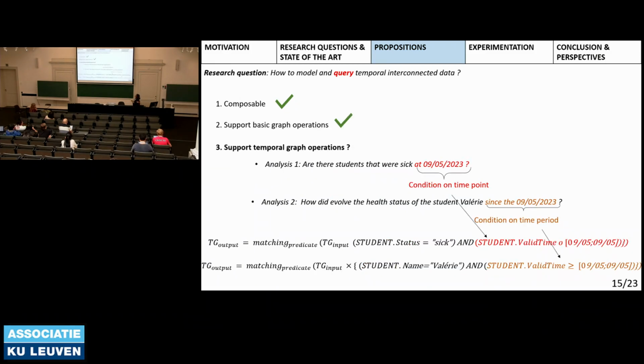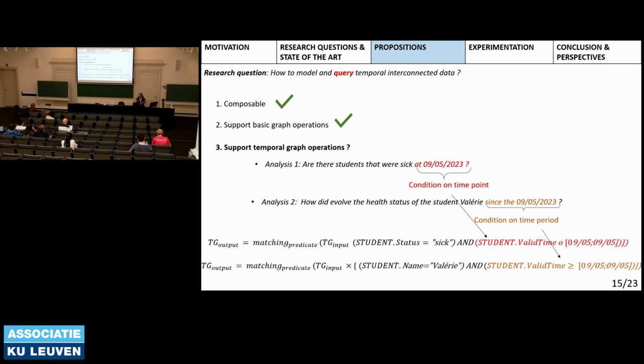Then our operator supports temporal graph operation. In other terms, with our operator, we can express analysis with time-dependent information. On the one hand, we can make analysis on a specific point in time. So for instance, are there students that were sick on the 9th of May?